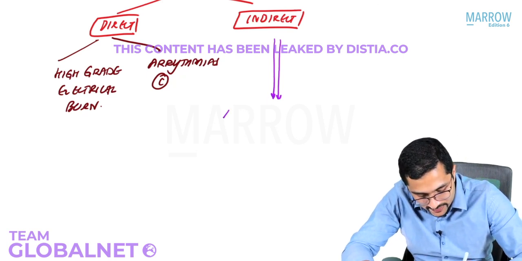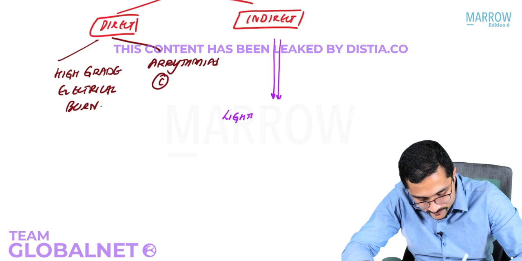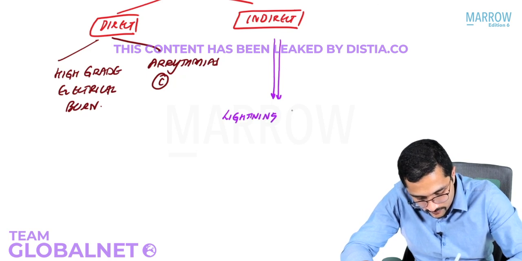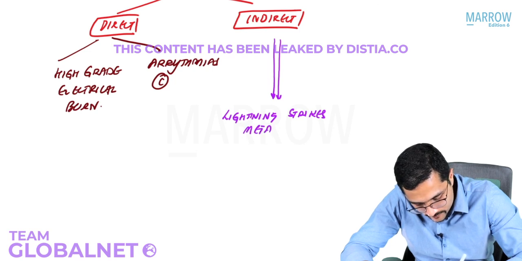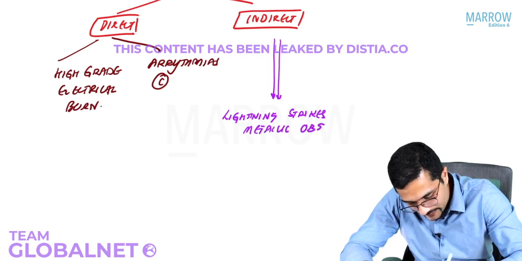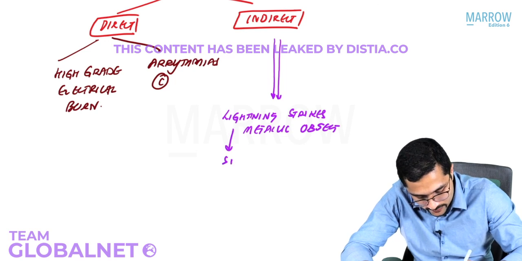Where lightning strikes a metallic object, and sparks are given off.